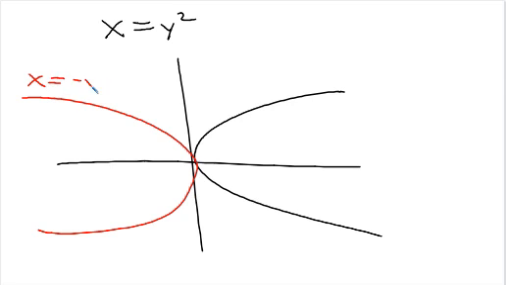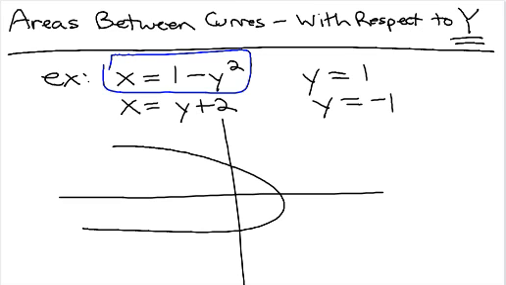This is x equals negative y squared. With that in mind, going back to our original graph, this is negative y squared plus 1. So it's been moved to the right 1.